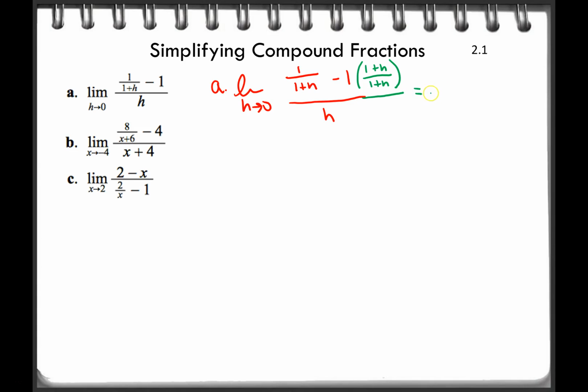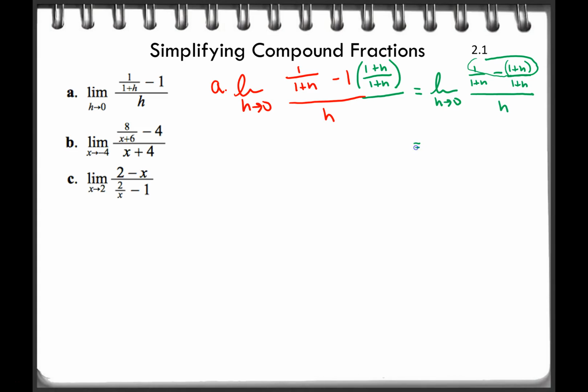Well, we still have the limit as h approaches 0 of 1 over 1 plus h minus 1 plus h over 1 plus h, all over h. Okay, so you can think of this as being two fractions with the common denominator, and so we would just be dealing with this right here.